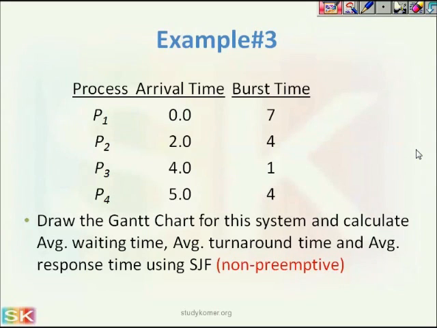Right? So the SJF non-preemptive scheme says that when a process is executing, it cannot be preempted by another process even if that other process has less CPU burst time than the one which is in the execution state, right?